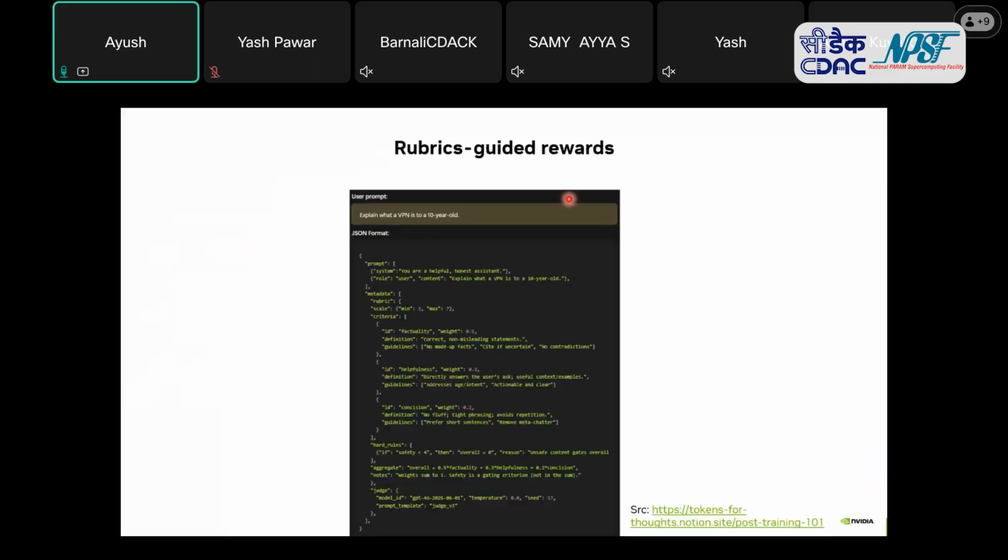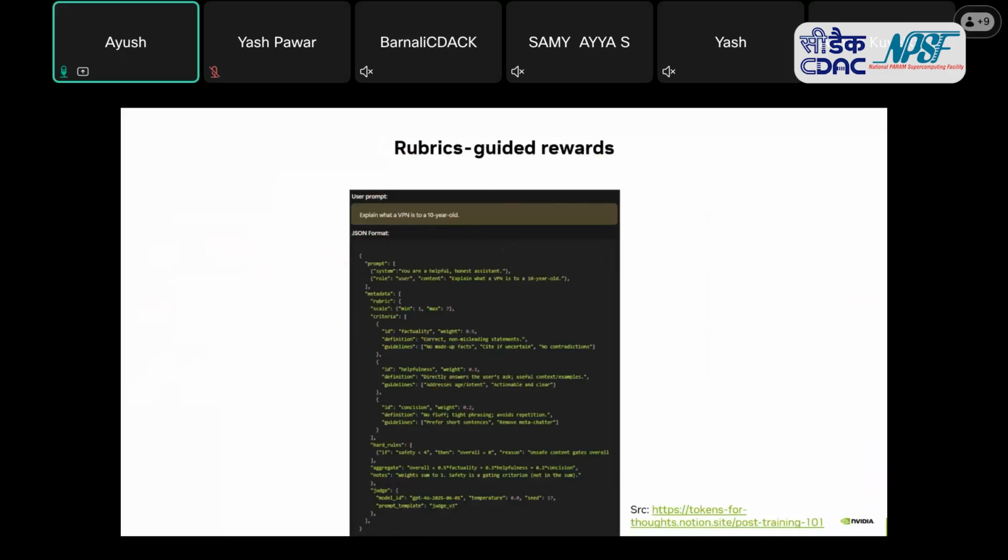Here is an example where the prompt is: explain what a VPN is to a 20-year-old. You can give fine-grained rewards like how helpful the answer is and how factually correct it is. This helps the model build better answers.